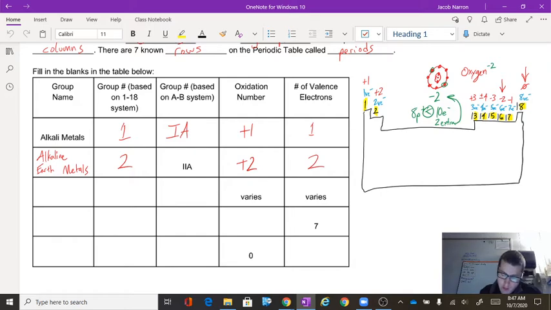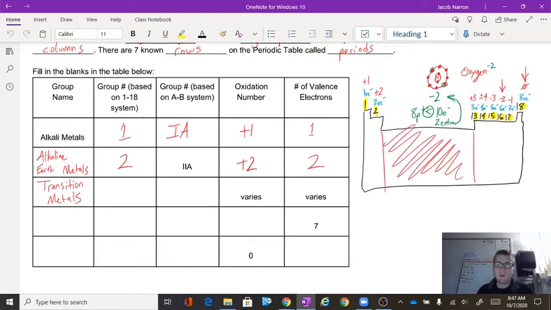Next one. Now, this is important. It says oxidation number varies and number of valence electrons varies. This is one of the groups that I told you guys was important. This is the transition metals. This is going to be more important in our next unit, but the reason it's special, and it's right here in the middle of the periodic table, is because they don't have a set oxidation number.